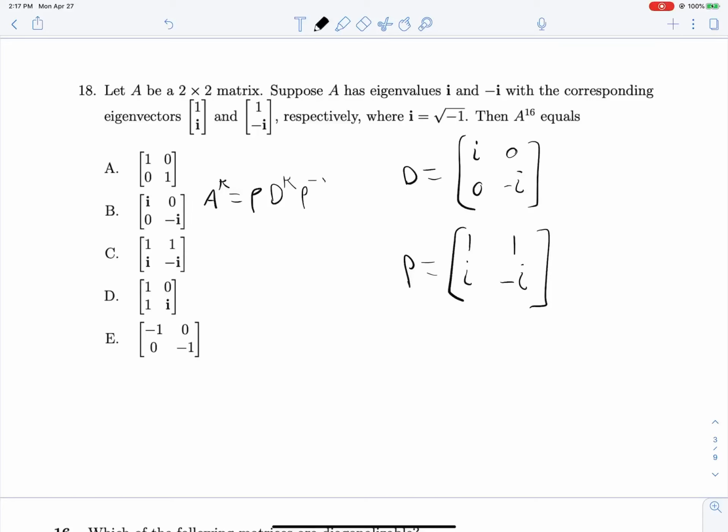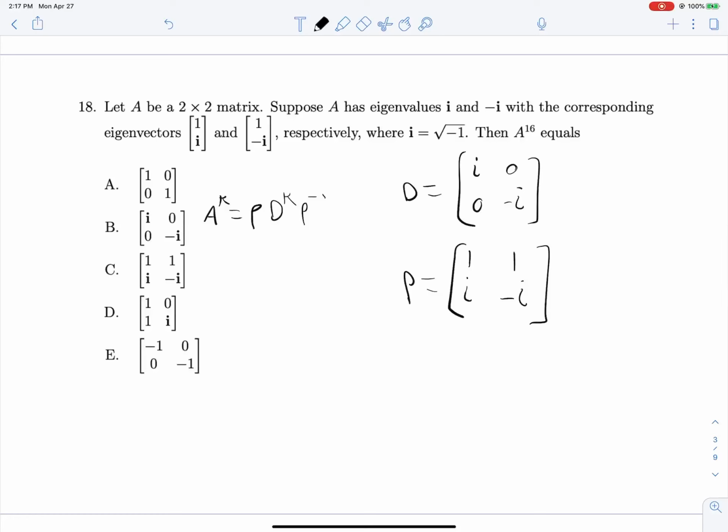Now the inverse of this is a little tricky, so P inverse is equal to 1 over the determinant of P, which is -2i, and we're multiplying that by, well, let's switch the A and the D position, so -i, 1, and flip the signs on the B and the C position, so -i, -1.